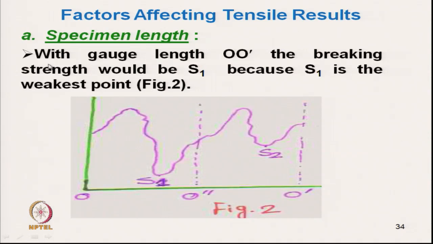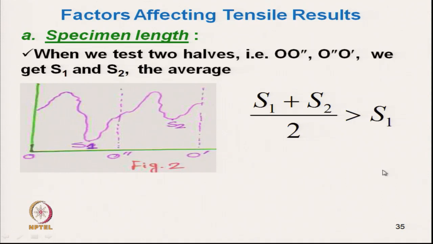Now, with the gauge length of O dash, the breaking strength would be S 1, because it will break at S 1 point. When we test 2 halves, we can actually divide into 2 halves. One is O double dash, another is O double dash O dash.